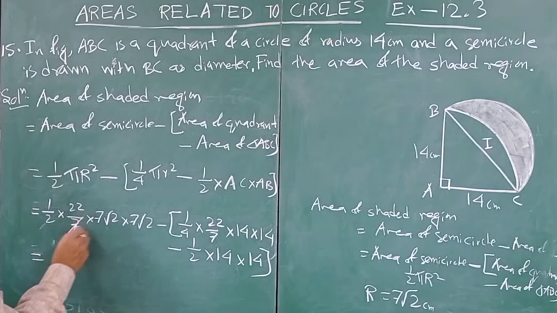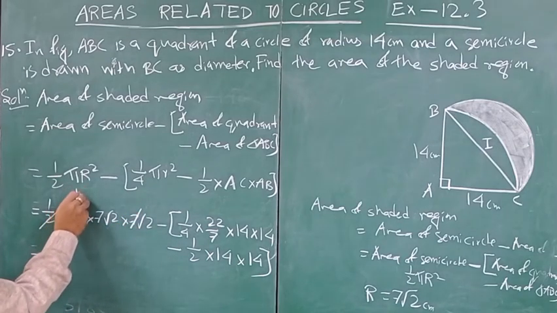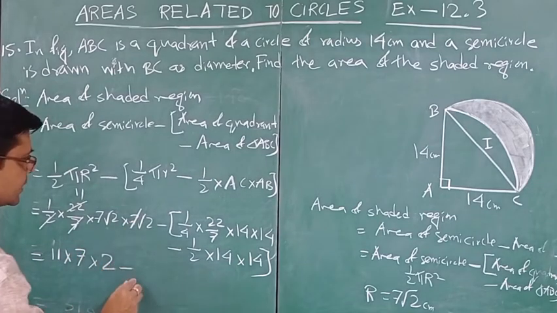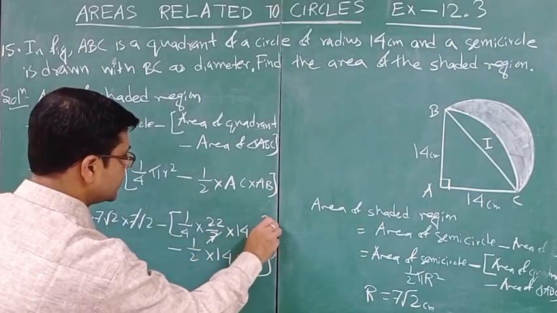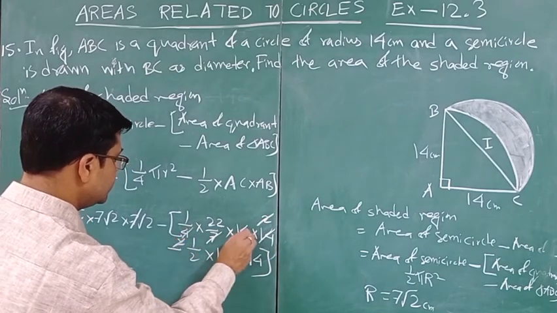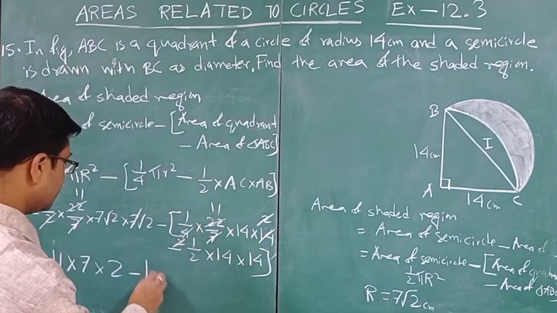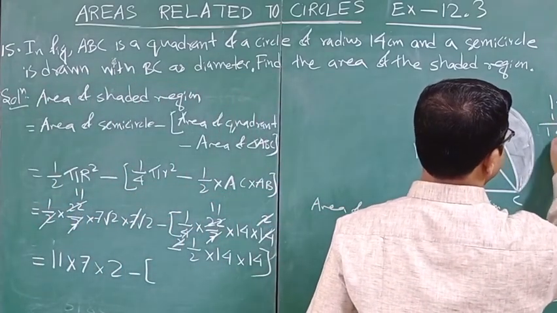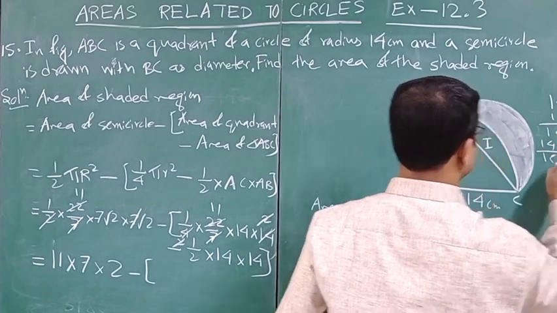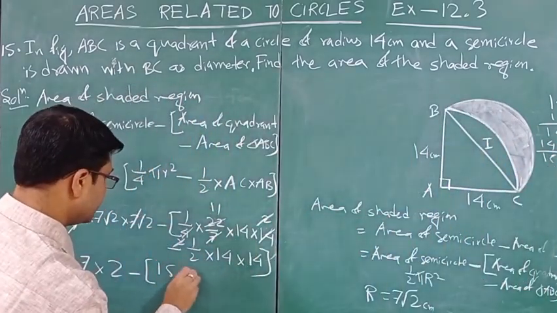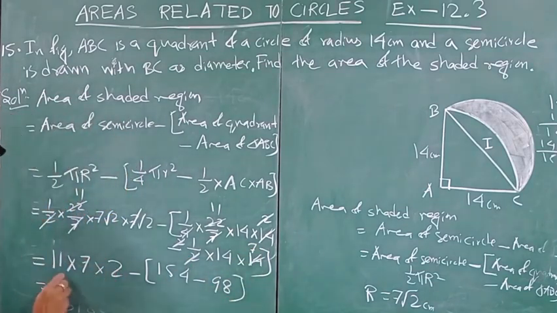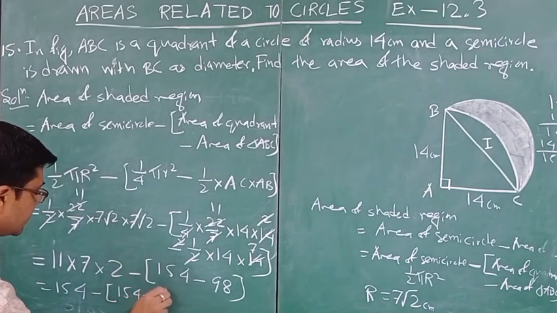Then this 7 will get cancelled, this is 2 11, so 11 into 7, root 2 into root 2 is 2, minus, then this 11 into 14, so let us multiply 14 into 11, this is 154, this is 154, this is 98, so 154 minus 154 plus 98.